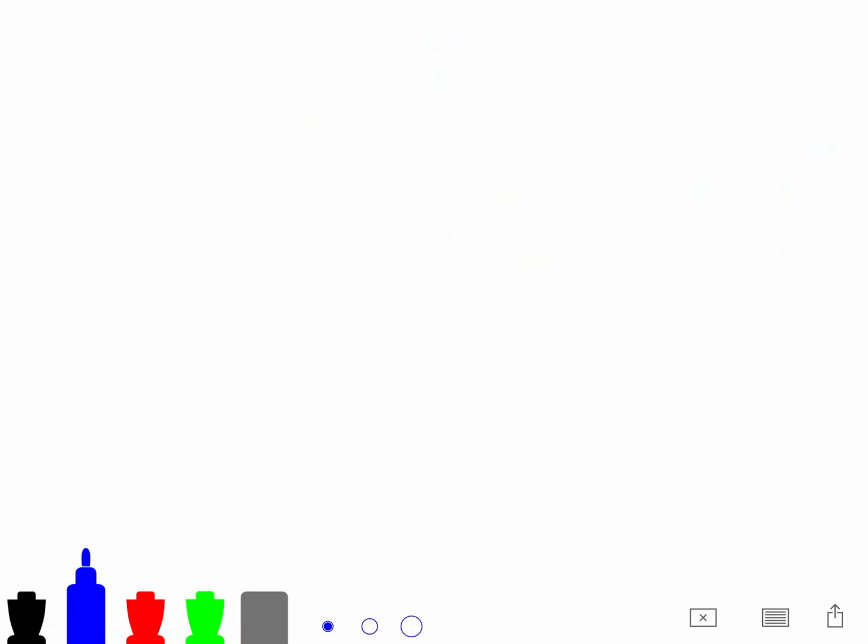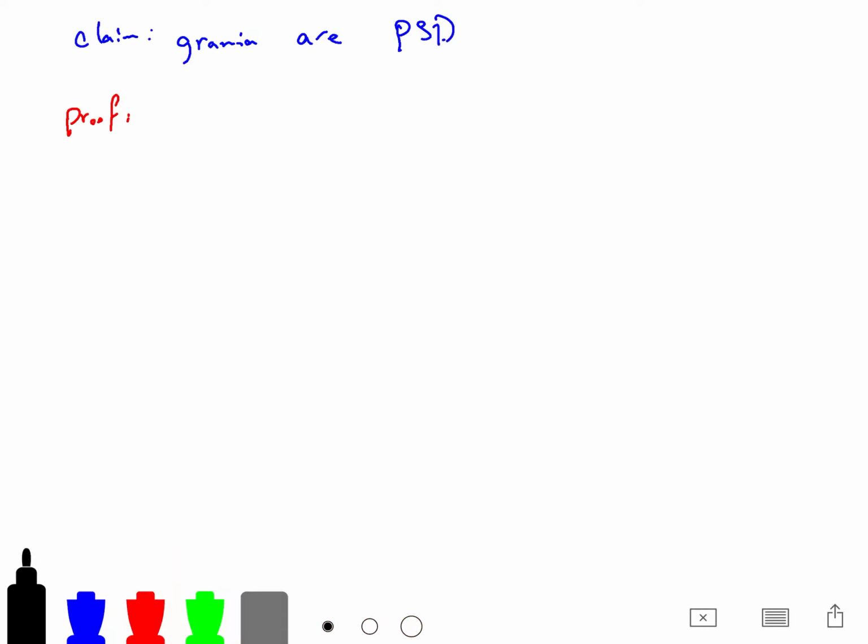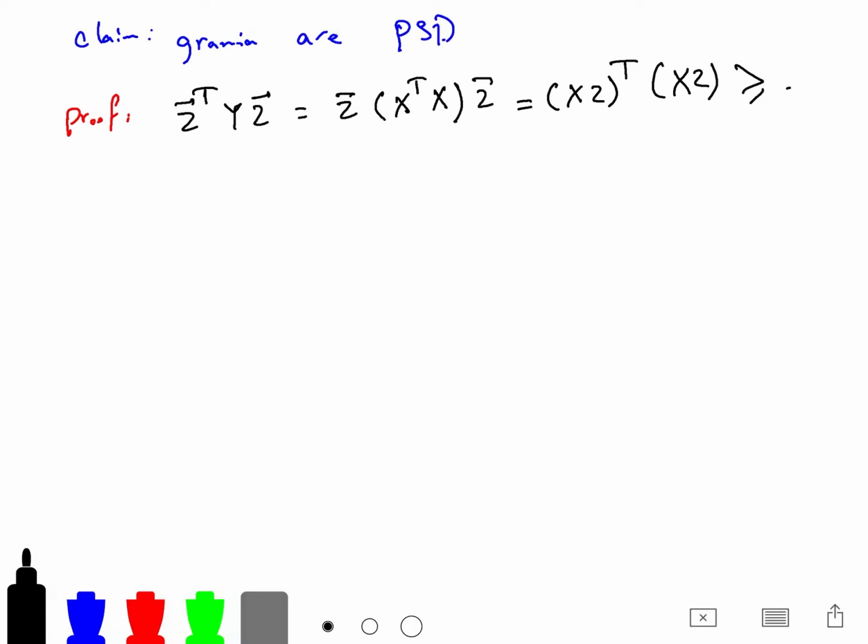And the claim is that Gramian matrices are positive semi-definite. The proof is very simple. We just write Z transpose YZ and see what happens. Instead of Y, by definition, you can write X transpose X, so you can rewrite it like this, and this is greater than or equal to 0. So we have proved this claim.